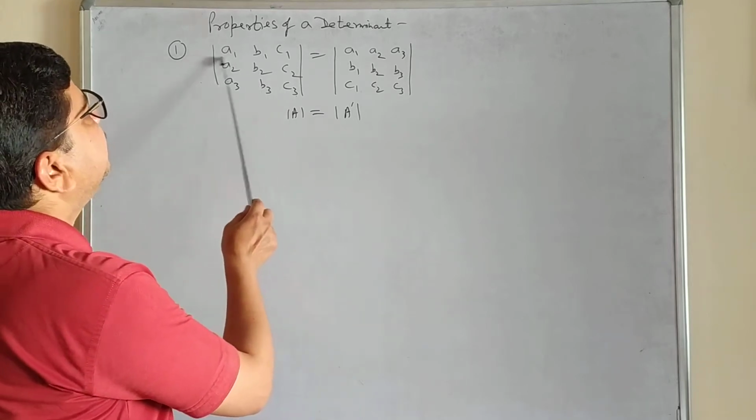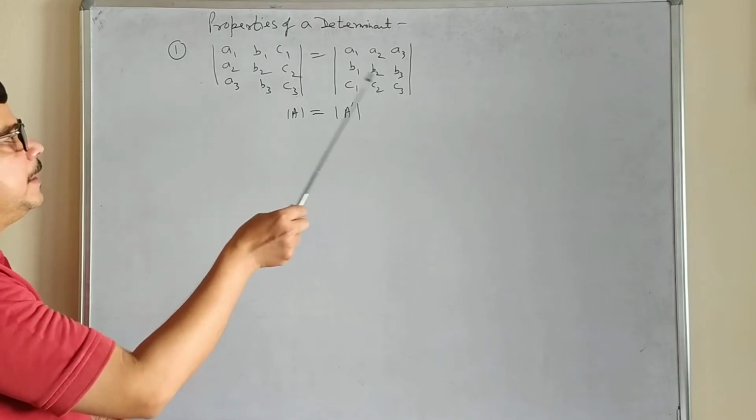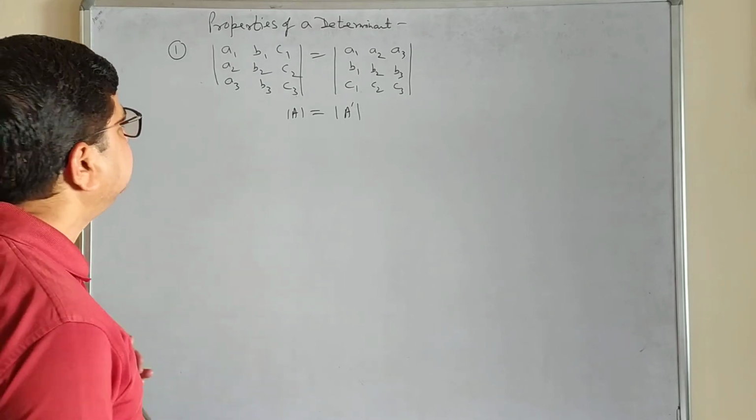So if we interchange all the 3 rows to columns, the value of determinant remains same.